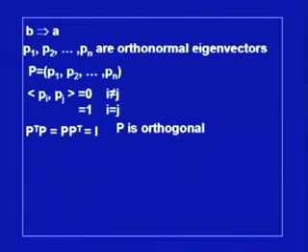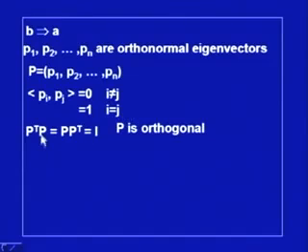Now, if we consider the product P transpose P, rows of P transpose are multiplied by columns of P. So each term will be of this form, and that means the term will either be 0 if i is not equal to j, or 1 when i is equal to j.